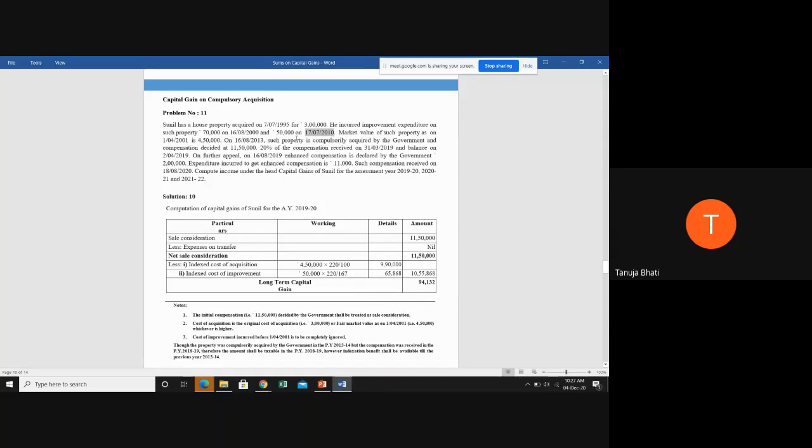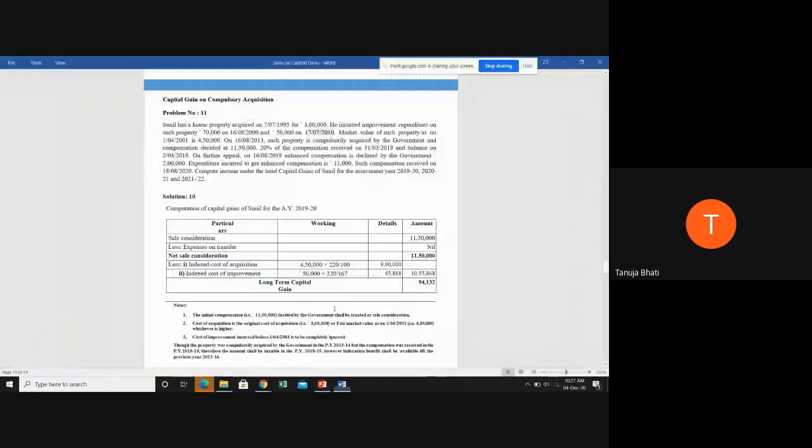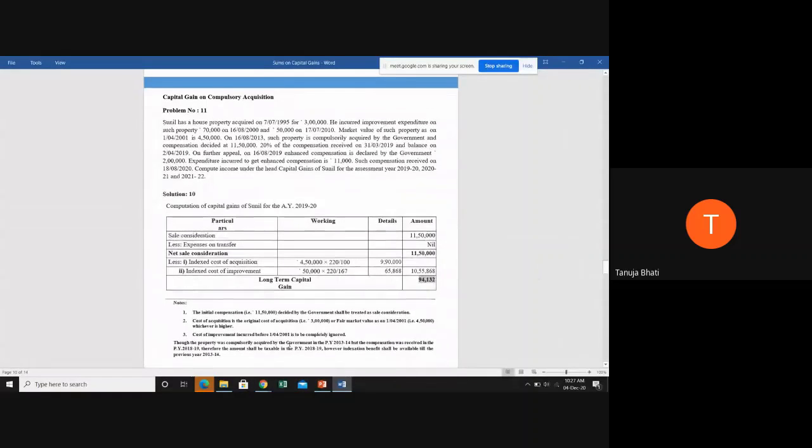What is the CII of 2010-11? It is 167. So we divide by 167 and we get 65,868. Then the total comes to 10,55,868. When you subtract, you get long-term capital gain as 94,132.